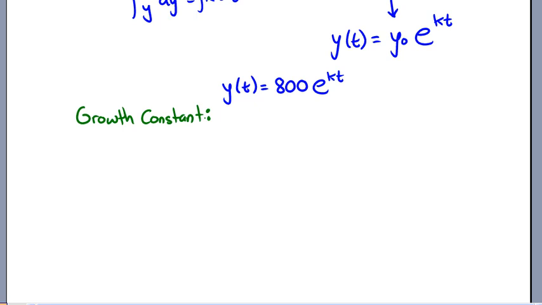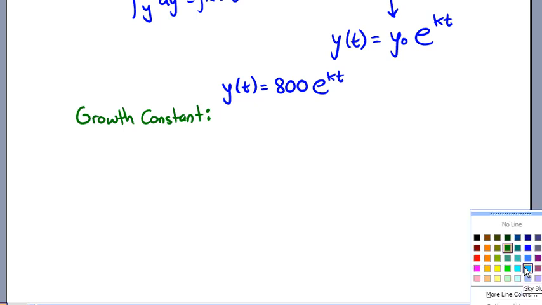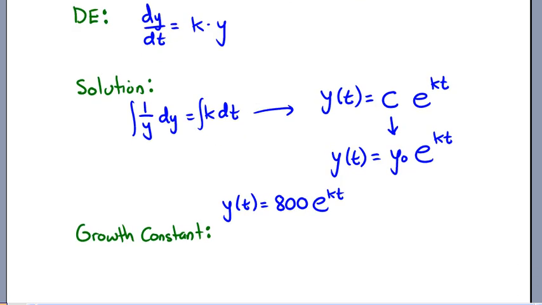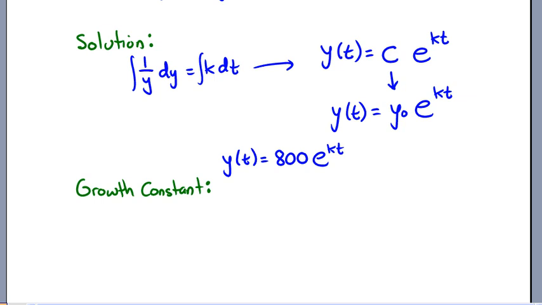They had another little bit of information there. They said after 5 hours, we're up to 12,000 bacteria. Well, let's put that information in, right? Let's say, okay, if I go y figured out at 5, right? I'm just going to put that 5 in for t. Then that would be 800. I'm going to put units in here eventually. Okay, in fact, tell you what, let's get this right now. There's no reason why we can't do it perfectly right off the start.